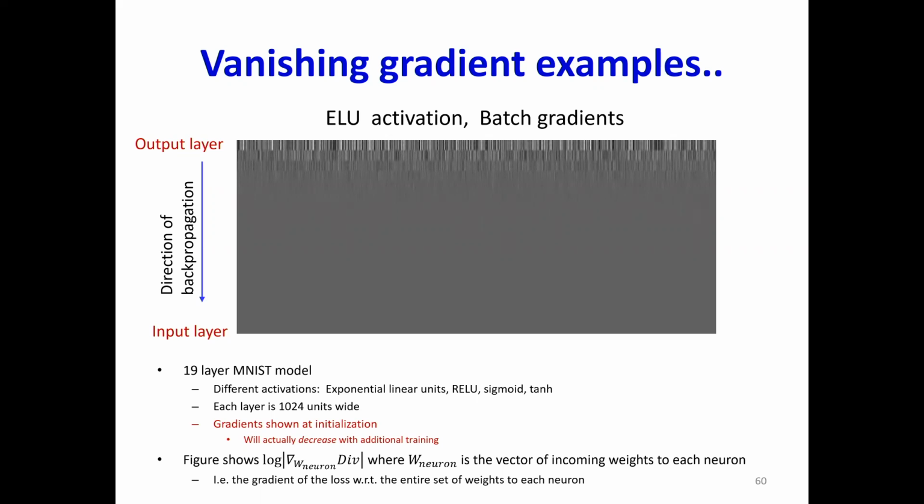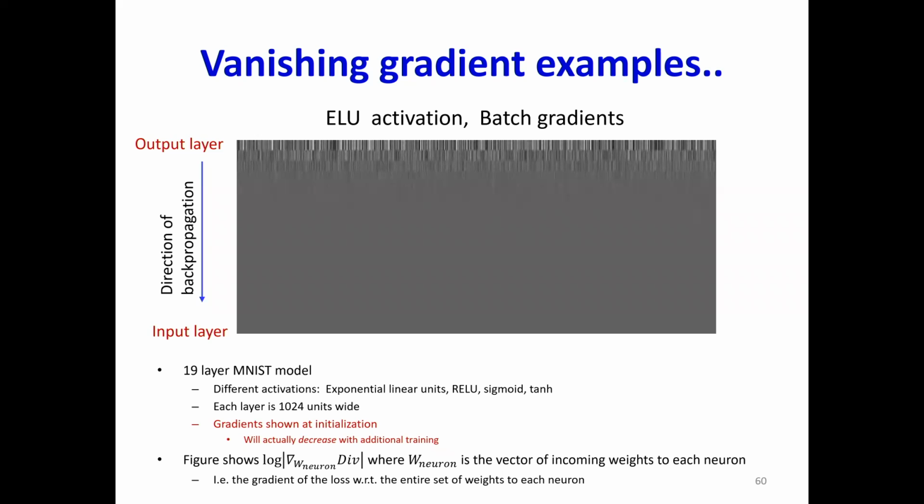And to give you an idea of how this works, here is an example from MNIST. This is a 19-layer MNIST model at initialization. Remember, at convergence, the derivatives are all expected to be 0, right? So let's look at what happens at initialization. That's when the derivatives are supposed to be largest. In the picture here, these are all the neurons, and these are the layers.